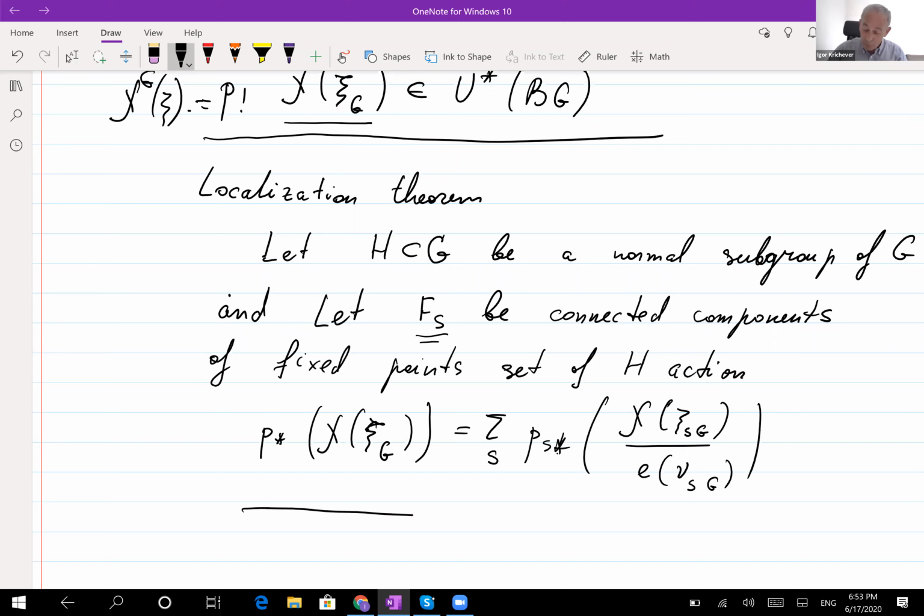This localization type formula is well known in cohomology and in K-theory, in the case when H coincides with G. But as you will see later, it's useful to write it for any H, for purposes that will be clear later. And it is true for unitary cobordism theory.